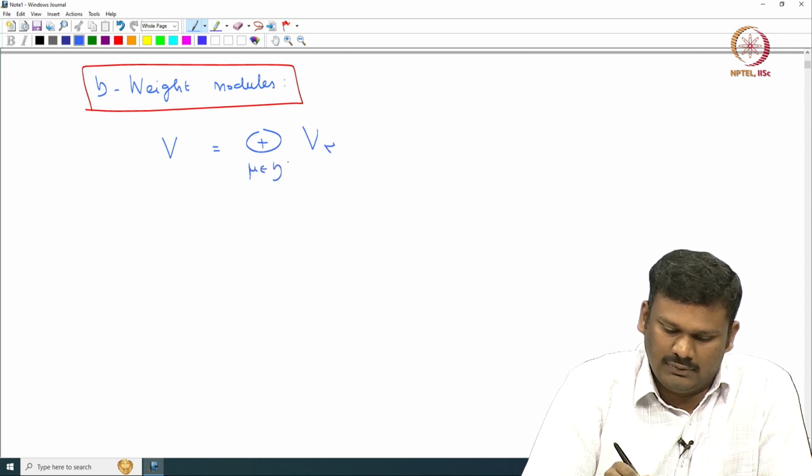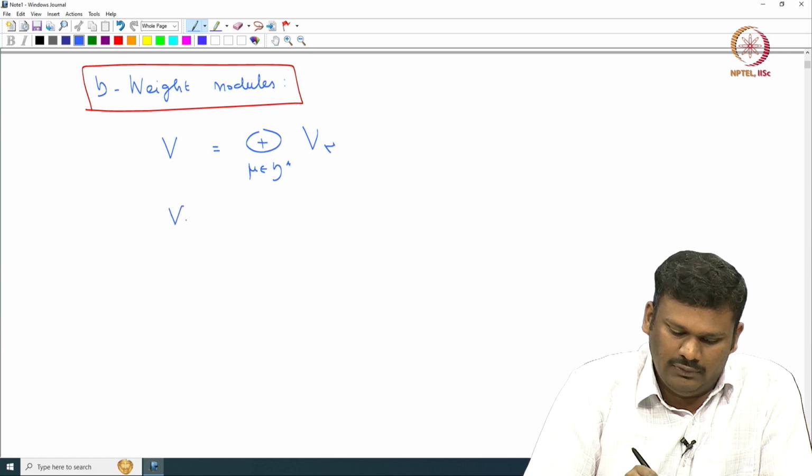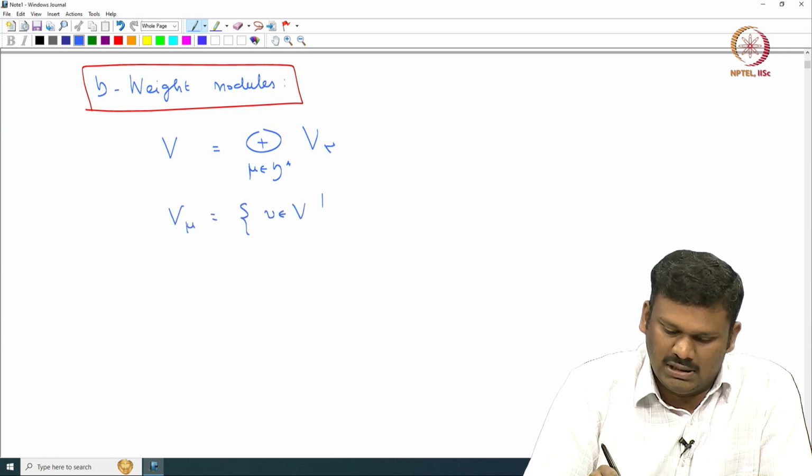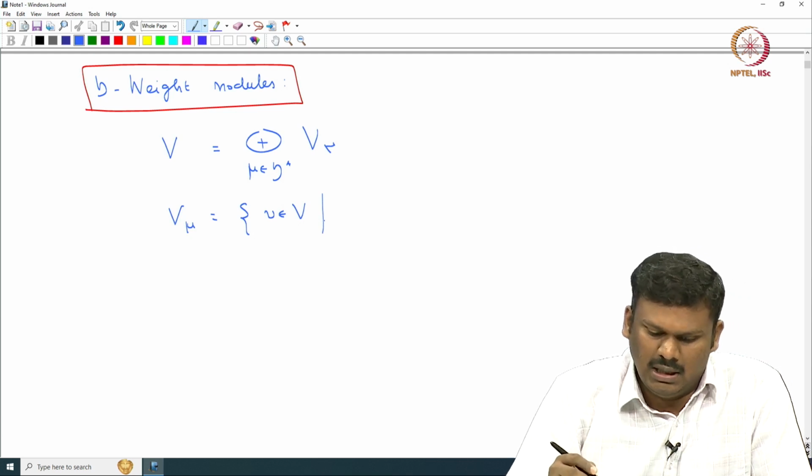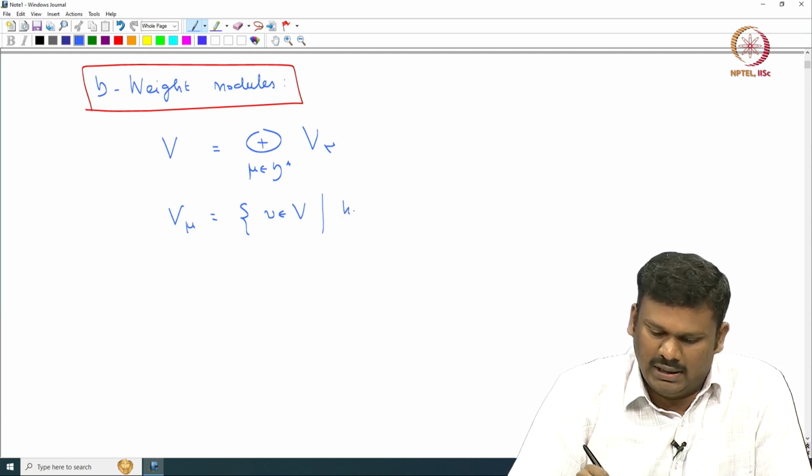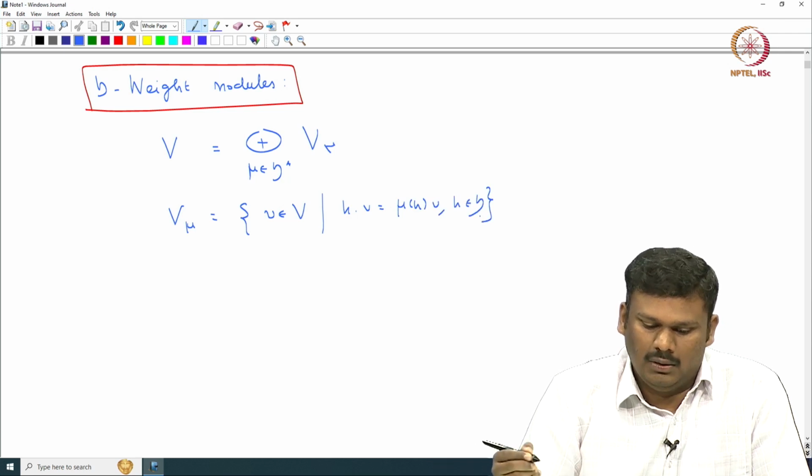where mu comes from H star. So, recall V mu by definition is the weight space, those vectors v in V such that there is this simultaneous diagonalizable action. So, H v is given by mu of H times v for all H in the Cartan subalgebra H. Okay.